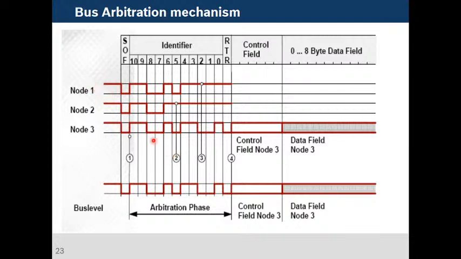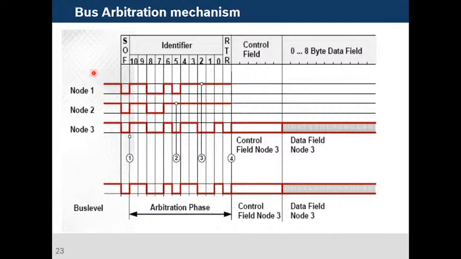But here is a different case. For example, the start of the frame. If all three CAN nodes transmit data at the same time on the CAN bus, just think, it would collapse the complete bus if there were no arbitration concept.